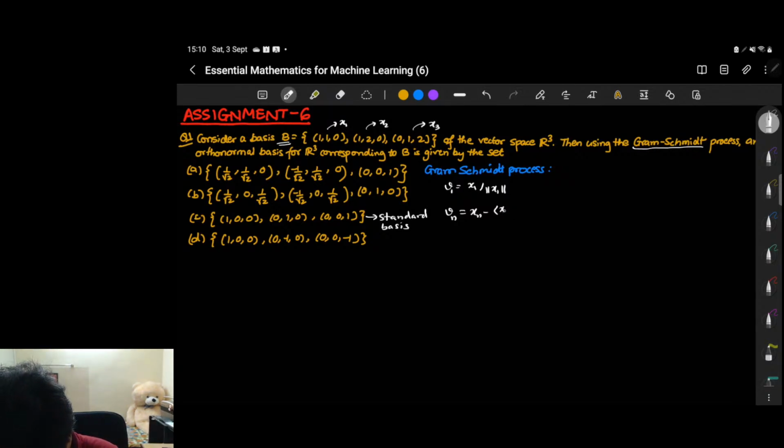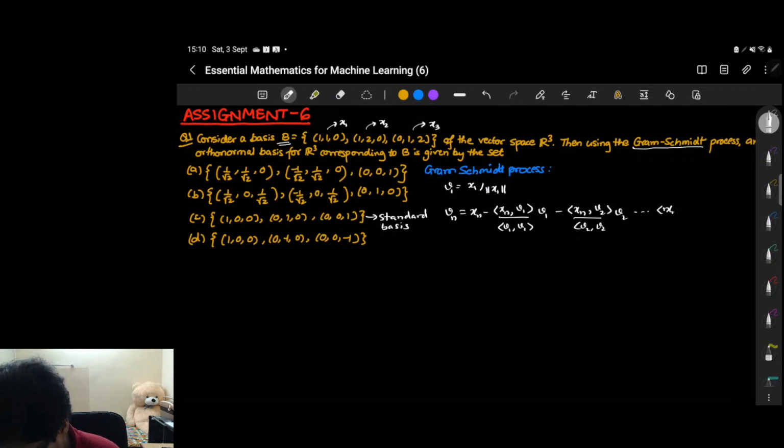Sorry, not x1, this is xn comma dot product with v1 in the direction of v1. Then you subtract the component of xn along v2, and so on. You keep subtracting up until n minus 1.